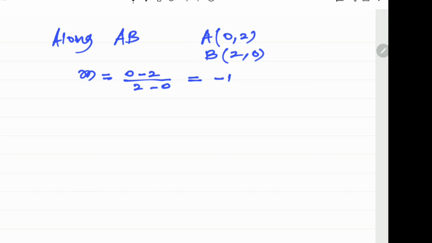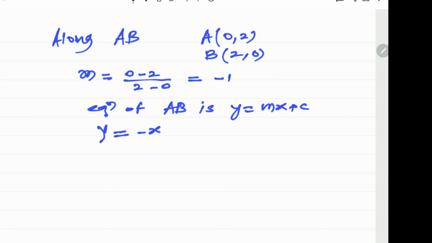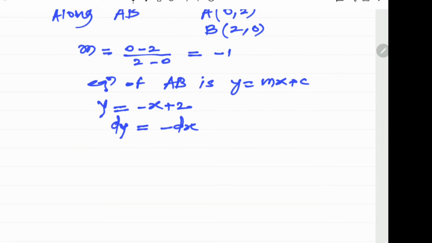The equation of the line is y equals m x plus c, with m as slope and c as the y-intercept. Here the slope is minus 1 and the y-intercept is 2. Therefore y equals minus x plus 2, that is, 2 minus x. Differentiating with respect to x, we get dy equals minus dx.